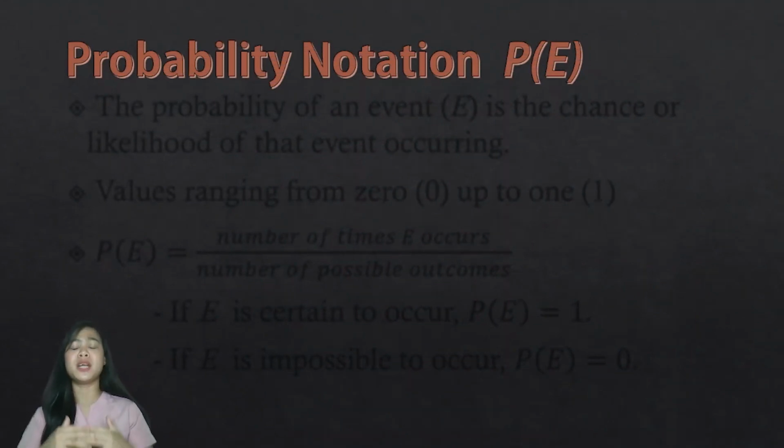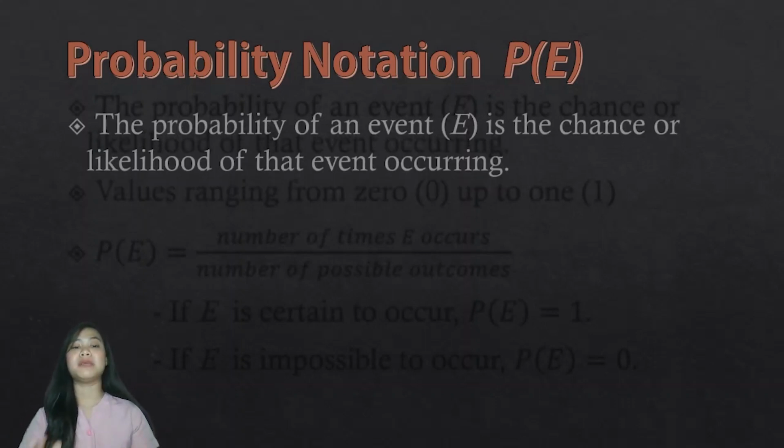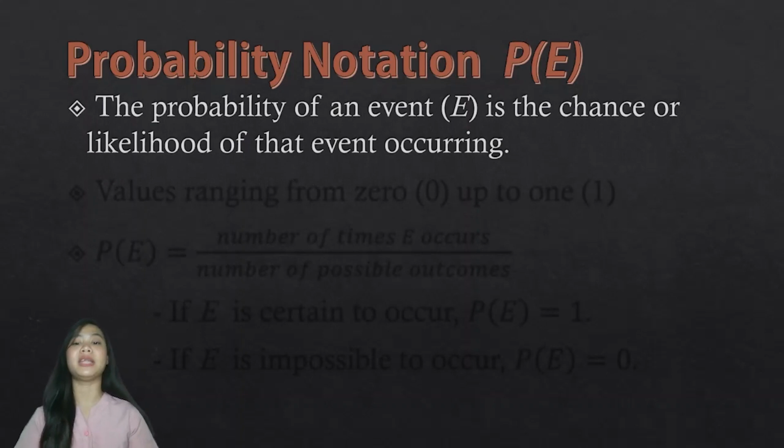From our first lesson, we also introduced the probability. The notation is P of E, or a function of E, the probability of E, where E stands for an event. The probability of an event is the chance, the possibility, or the likelihood that the event will occur or will happen.